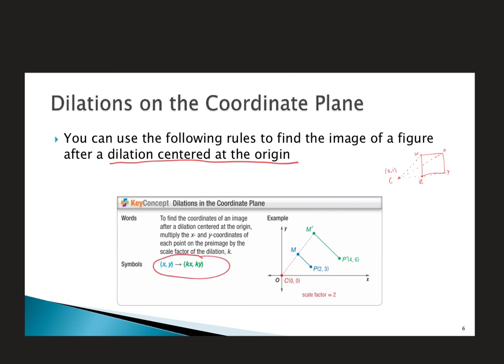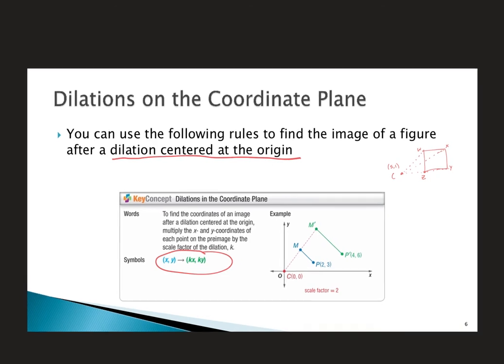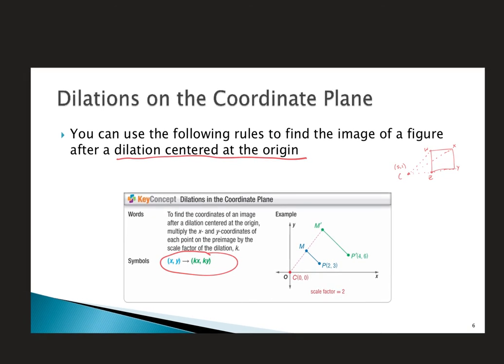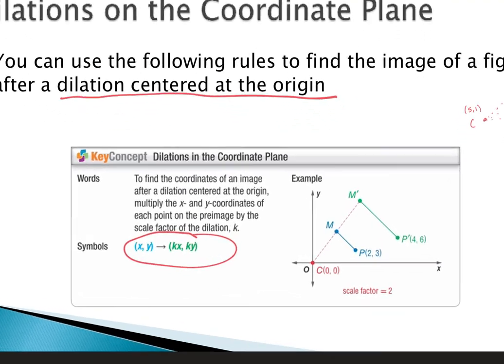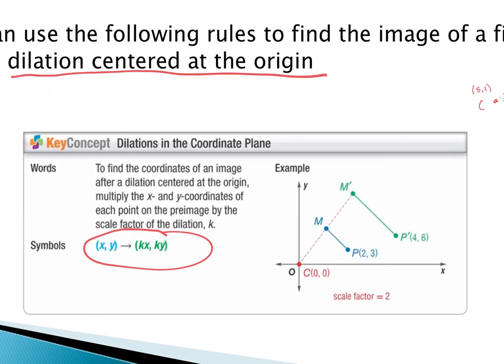If your center of dilation is at the origin, then what you can do, instead of finding the distance between the center point and the vertices and then multiplying that distance by the scale factor, what you can do is multiply the scale factor directly to the coordinate, which was something we couldn't do beforehand. Now, this is unique to the center point being at the origin, which for our problems, 9 times out of 10, it's going to be. But keep in mind, in order to use this rule, the center point has to be at the origin.